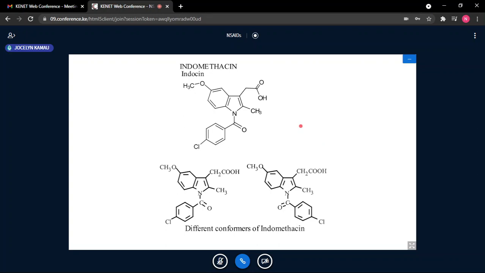I just want you to understand, so that as we move on, you do understand when you talk about acetic acid derivative. You can see this is a carboxylic group. This in the salicylates was directly attached here. But now you can see it is separated by a CH2 group. And when you look at that acid, it is acetic acid. So that's why we are calling them acetic acid derivatives.